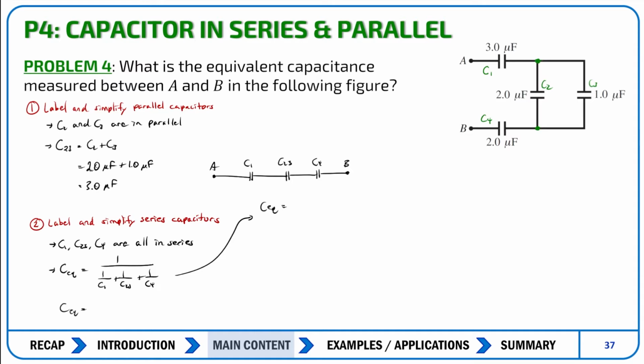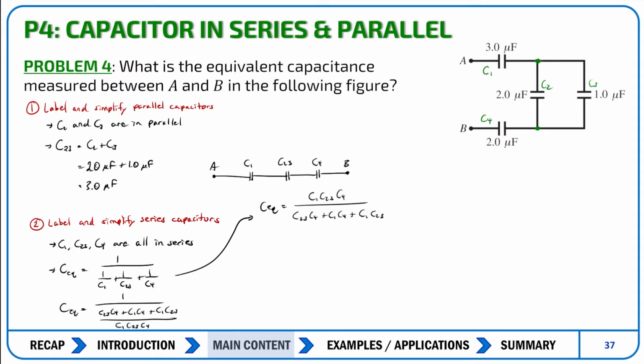So in this case, you can end up with 1 over C23 C4 plus C1 C4 plus C1 C23, divided by C1 C23 C4. So if we reverse this, we end up with C1 C23 C4 divided by C23 C4 plus C1 C4 plus C1 C23.